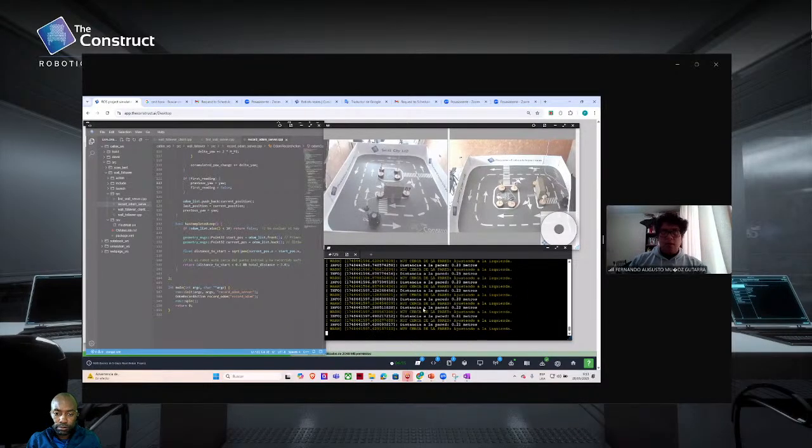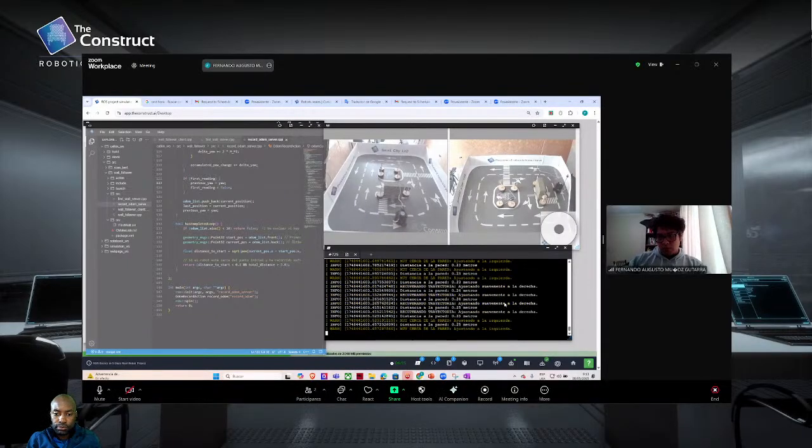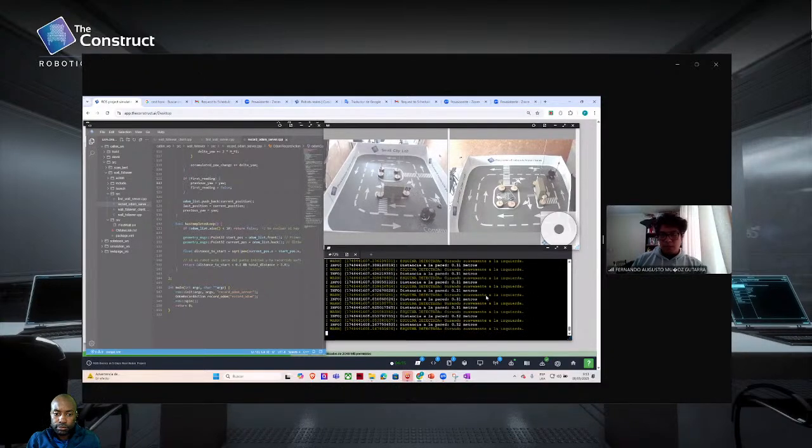If the distance is less than 0.3 meters, we get a message saying the trajectory is adjusted, maybe to the right or to the left, to keep a good distance, which I'm going to explain in the presentation of the solution. So the robot made the whole trajectory.